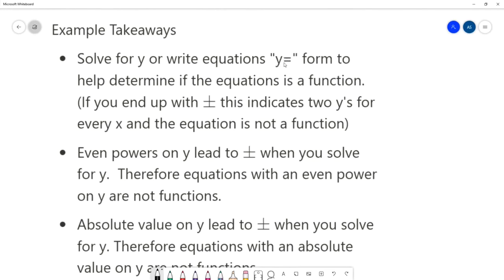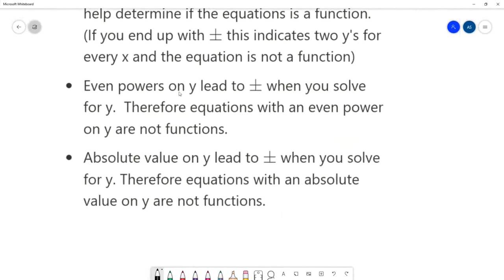Write the equation in y equals form. If you solve for y and you end up with a plus or minus symbol, that tells you that you're going to have 2 y's for every x, and it's not a function. If you don't have a plus or minus symbol, chances are your equation is a function.